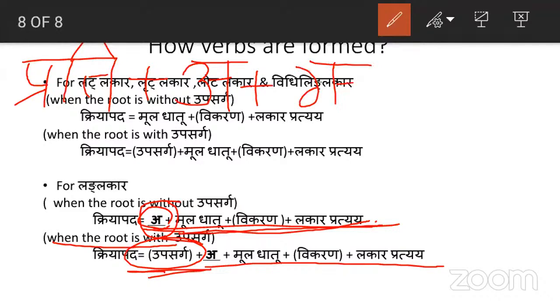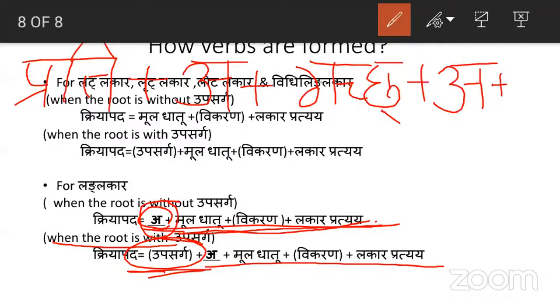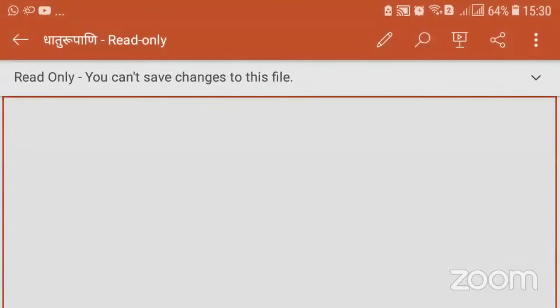Gam gacha is the root. A is vikaran and at is pratyay.